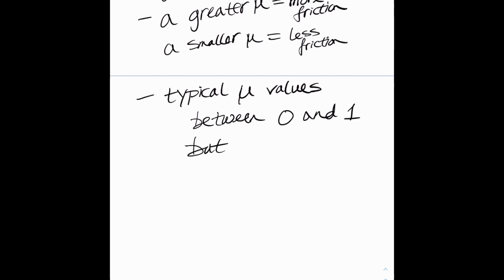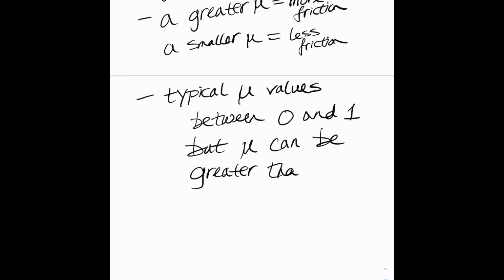But for some surfaces that have a lot of friction, maybe something like Velcro, something that is just a ton of friction, mu can be greater than 1. So don't think that it can't. It definitely can. So let's write that down: mu can be greater than 1.